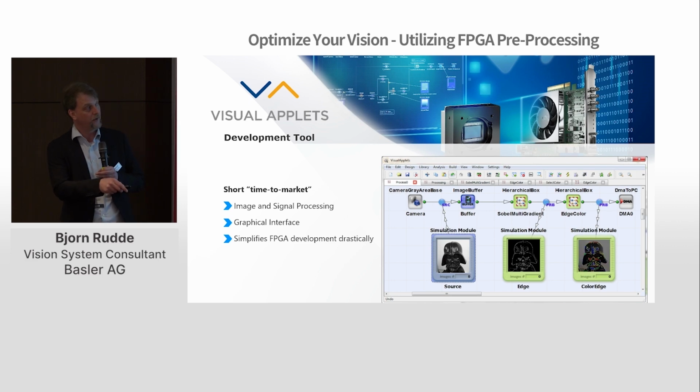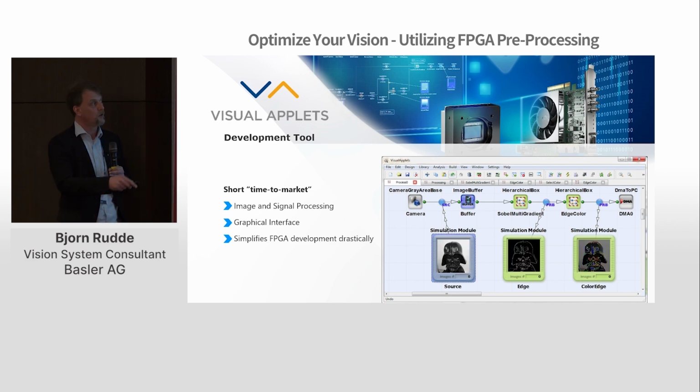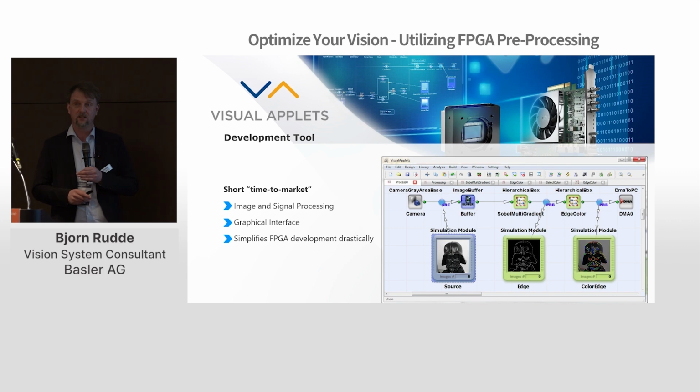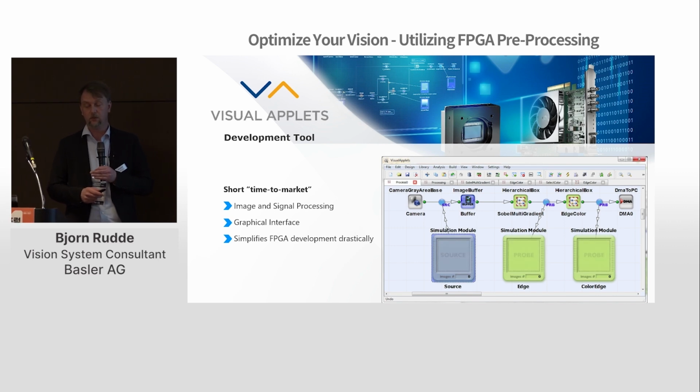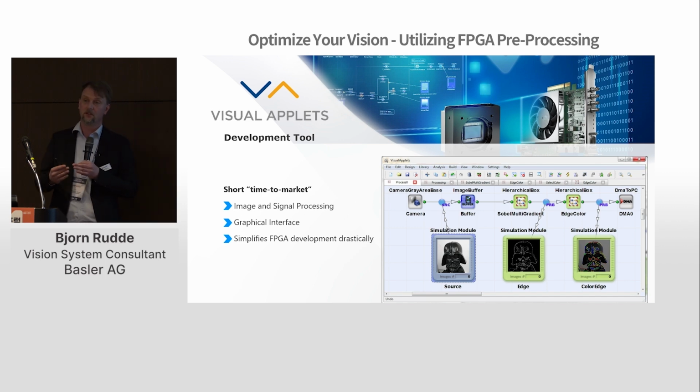And its graphical operators you can connect to each other. Next to image processing, you can also do signal processing. So when it's coming to real-time tasks, you can move these real-time tasks also into the FPGA, because the FPGA is by nature a real-time device. And this graphical approach simplifies the FPGA development drastically.